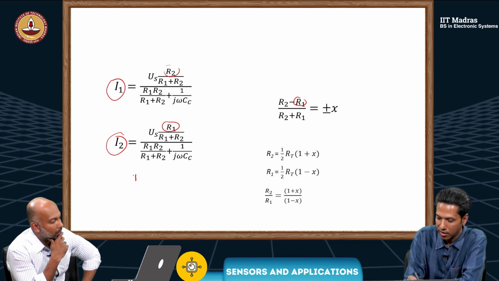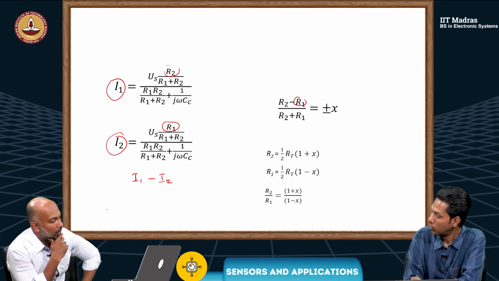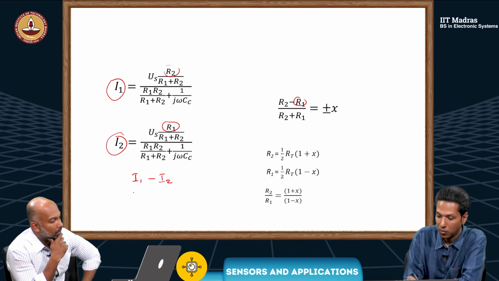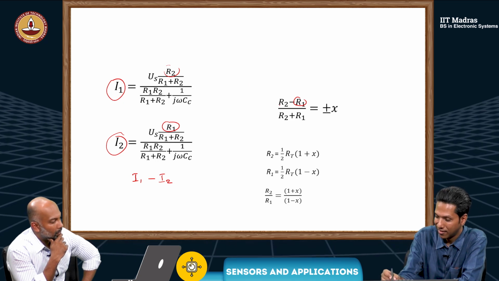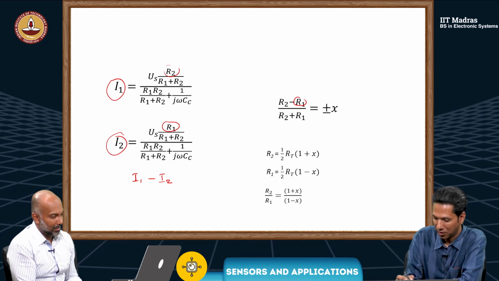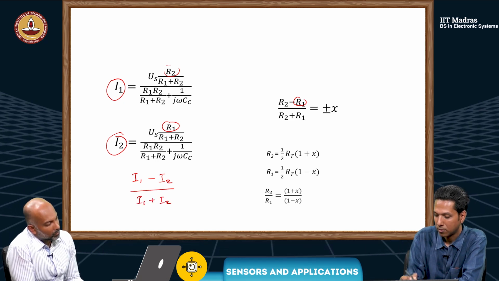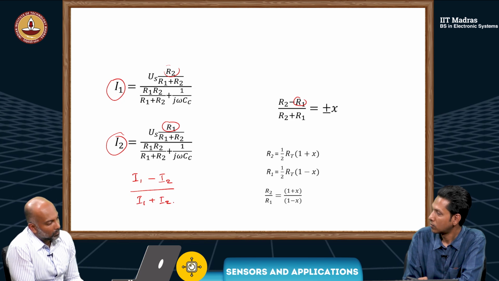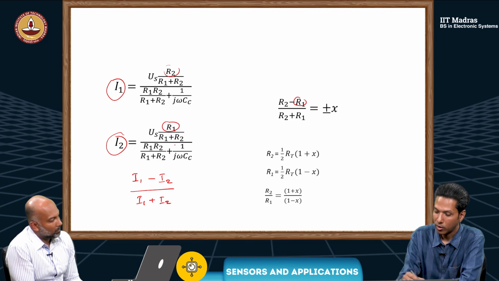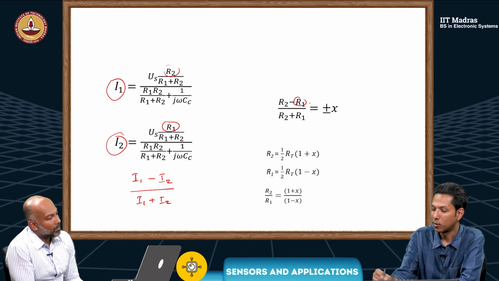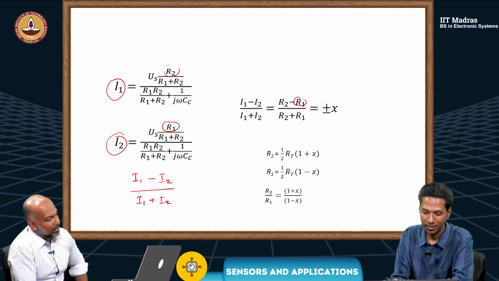So that means I1 minus I2, the whole thing will be there, but the R2 minus R1 will also be there. Then we divide by I1 plus I2. All these denominators will get cancelled, and finally you will get R2 minus R1 by R1 plus R2.